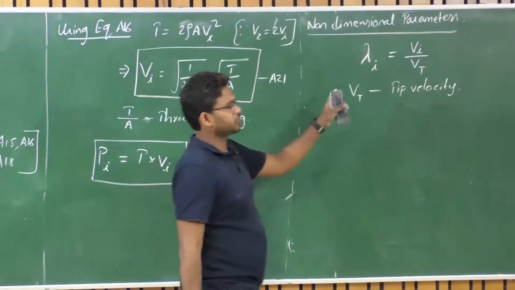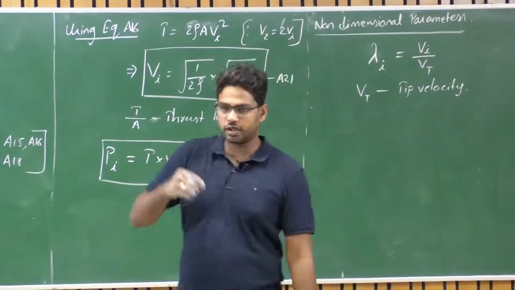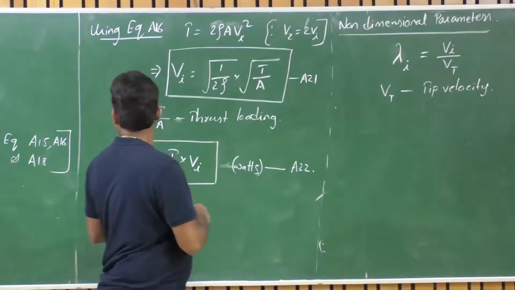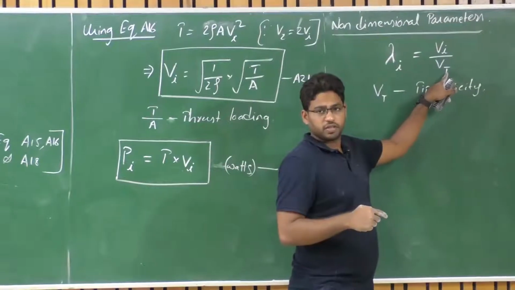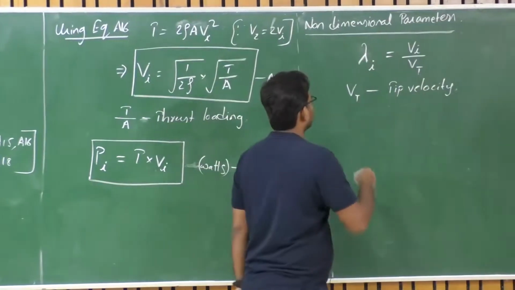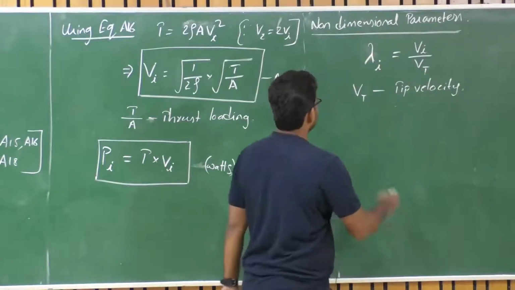So Vi keeps varying, am I correct or not? Induced velocity keeps varying along the disk. So Vt remains constant for a given propeller, at a particular RPM.